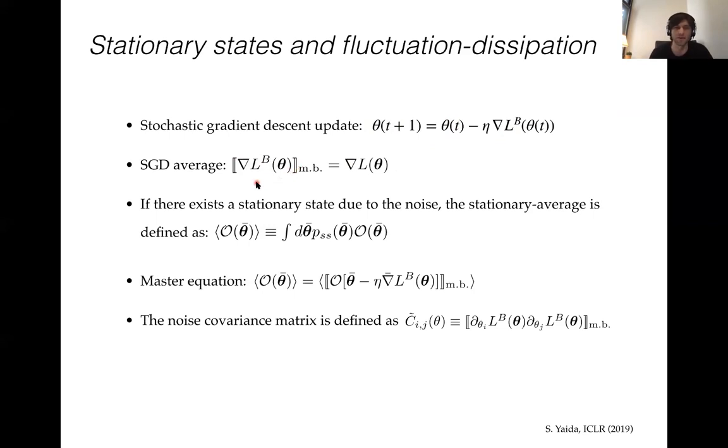So for example, the gradient averaged over a mini batch is just the actual gradient. And then one concept that we need to think about is an average in a stationary distribution. So if SGD has found a nice minimum and is bouncing you around and has equilibrated the system, you could ask about averages of quantities in that distribution.